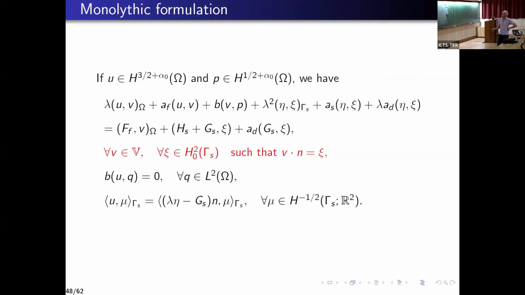But of course, if I want to write a monolithic formulation, I need some compatibility condition between the velocity of the test function and the displacement of the test function. So I take here the same compatibility condition as the one I have for the solution.